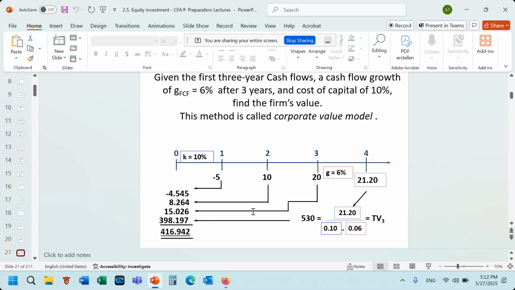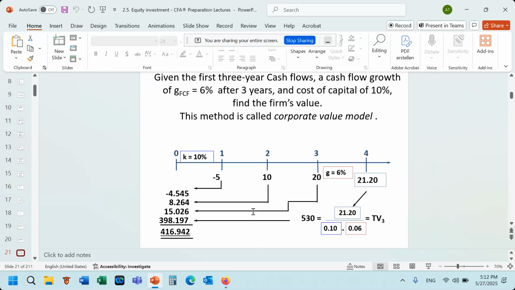Okay, here is an example of calculating a value of a firm based on cash flows. Here we have the 3-year cash flows of a firm, and cash flows are given as 5 million, let's say, euros. After 1 year, we purchased the company, the factory, at 5 million euros.